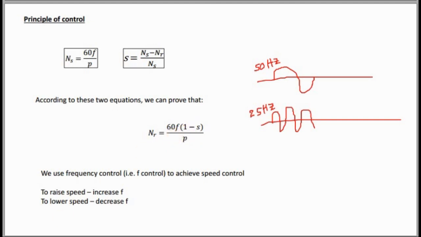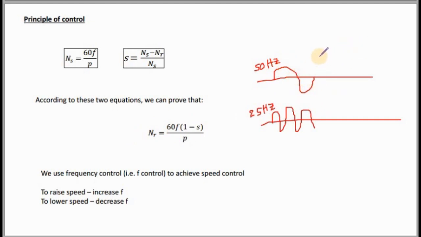So for a particular motor, you can say that P or the pole pair is constant, and for a particular loading, S is also a constant. So the only variable here is F. In order to increase the rotor speed, we can increase F. If you want to decrease the rotor speed, we can decrease F. For an example, you have 50 Hz here.